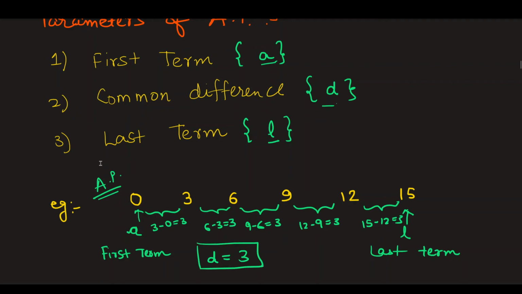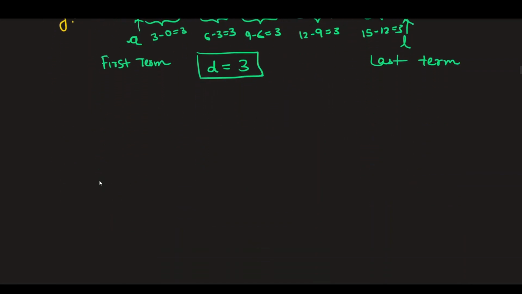Okay, now we take example number 2. Now we take second example, in which we take negative numbers. Okay, so first term is 0, second term is minus 2, then the next term is minus 4, then minus 6, then minus 8, then minus 10, and then minus 12.